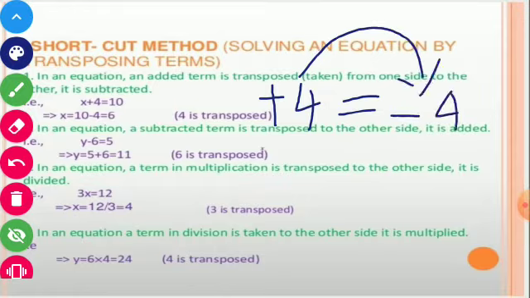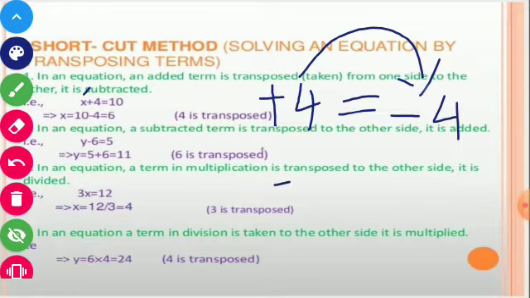The sign gets changed. So it becomes minus 4. So over here I am left with only x. So x is equal to 10 minus 4, which gives you 6.